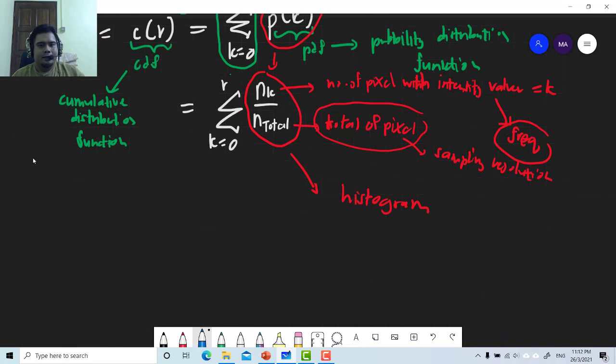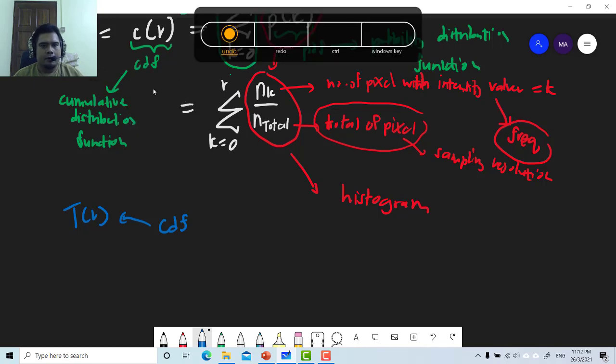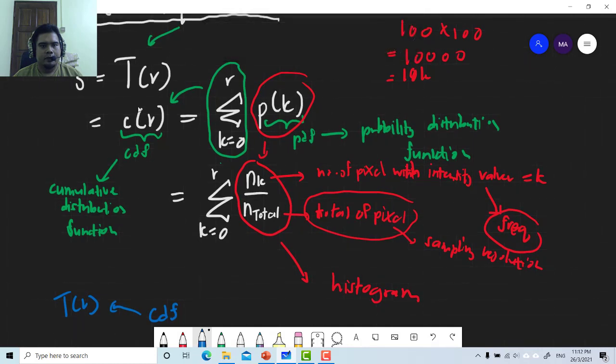Okay, to get my transformation function of histogram equalization, it is actually equal to my CDF, which is the cumulative distribution function, this one.